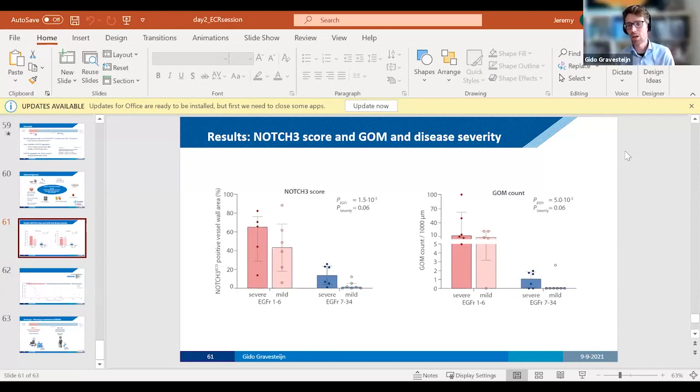Yeah, we do know. So Notch3 is mainly expressed in vascular muscle cells, in the neural cells, I should say, surrounding the endothelial cells. So these Notch3 aggregates are located extracellularly around these vascular muscle cells and pericytes.